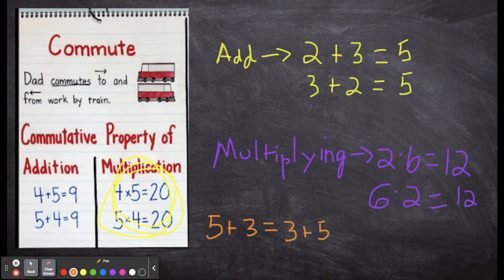Nice, okay, good. The reason why they can be equivalent is because no matter the order, you get the same value. 5 plus 3 is 8, and 3 plus 5, you guessed it, is 8. Nice.